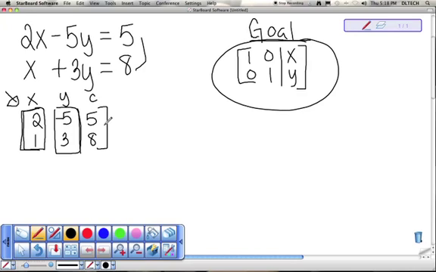So now, if we look back at our goal, we needed to turn the 2 into a 1. But if you look at row 2 here, it already has a 1. So what we can do is interchange the rows. So now we'll interchange row 1 and switch it with row 2.